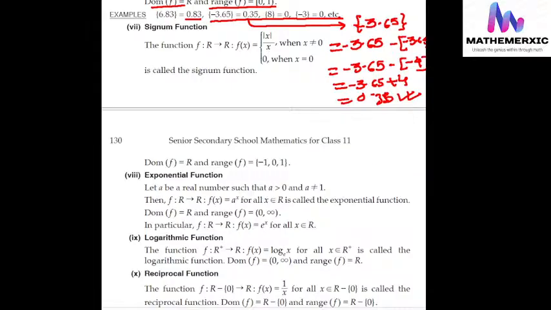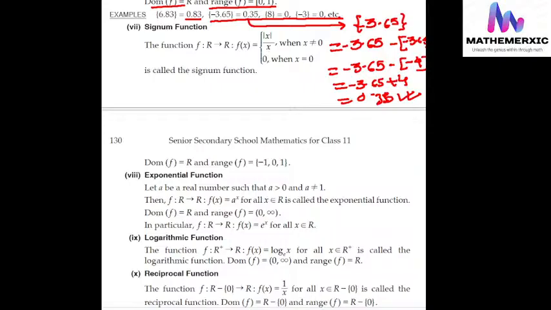Whatever positive value we keep, every answer is the same. Whenever it is negative, it will be negative 1 coming, correct? Absolutely correct. So the range will every time have 3 elements only: negative 1, 0, and 1. Even though the domain is R, it is called the signum function.